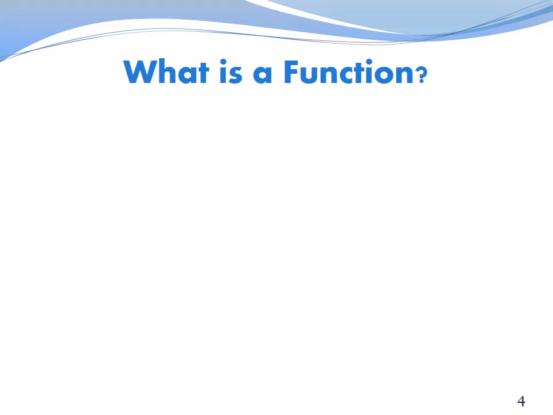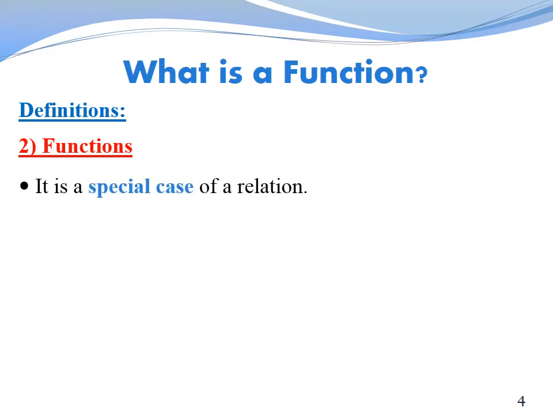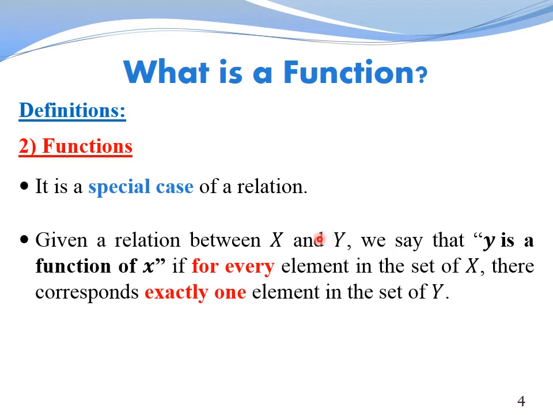We said we're mainly interested in functions and not in relations, but in order to be able to define a function, we need first to define a relation. Why? Because a function is a special case of a relation. In what sense? If we have a relation between x and y, we can say that this relation is a function only under one condition: if for every element in the input set x, there corresponds exactly one element in the output set y.